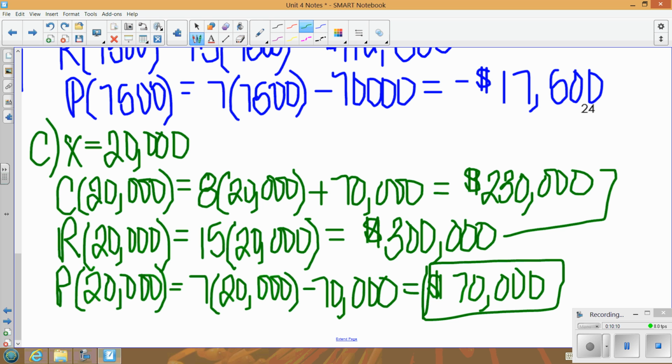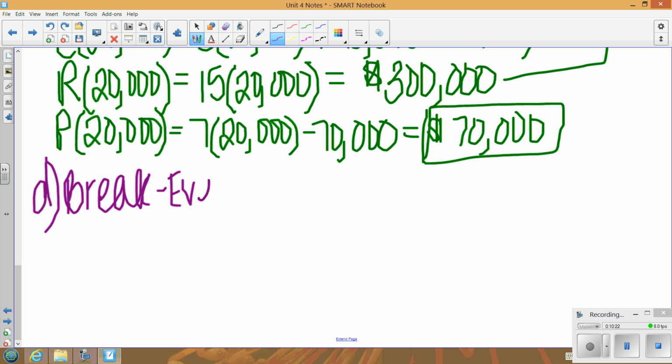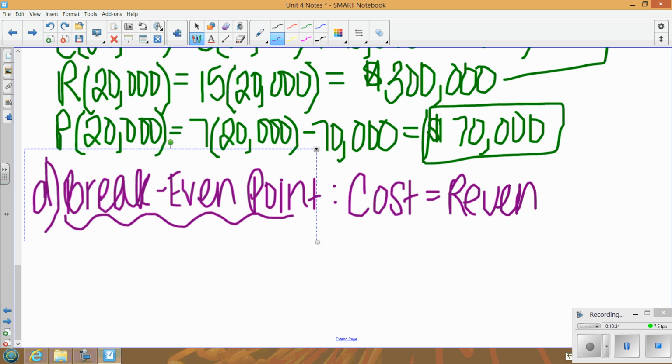So that's actually what part D is asking you for. It's asking you for the break even point. And the break even point, like what I just said, is where your cost equals your revenue. So it's where you're not losing any money, but you're not making any money either.